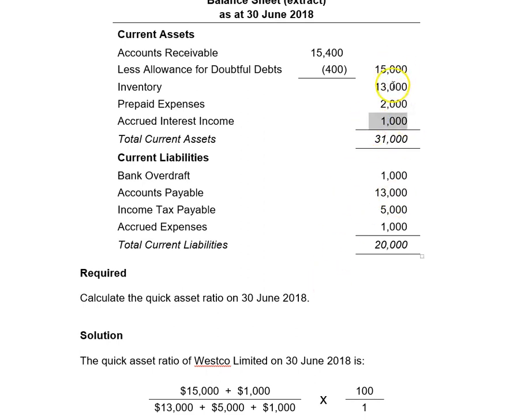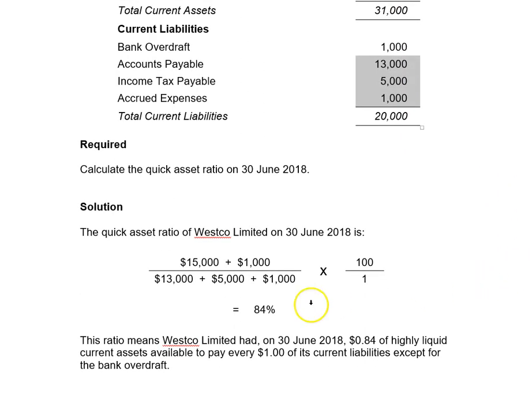We cannot include inventory and prepaid expense. For current liabilities, we can take these three, but not bank overdraft. So the answer here is 84%, you times it by 100. This means you have 84 cents of highly liquid current assets available to pay $1 of all its current liabilities except for bank overdraft.